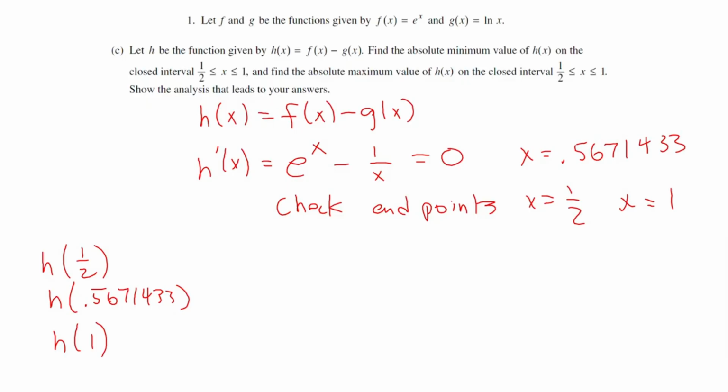And h of 1 should be pretty straightforward. H of 1 is just e to the first minus the natural log of 1, which is 0. So h of 1 is just e, which we know is about 2.718. And then now we'll just find h of 1/2 and h of 0.5671433.